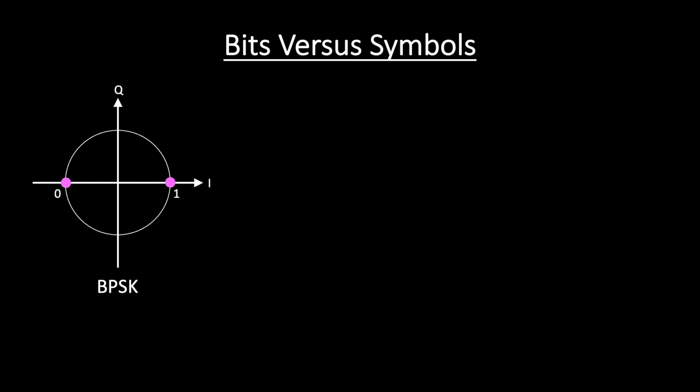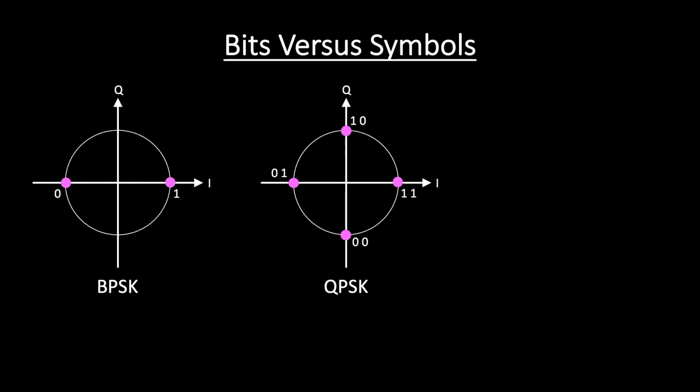So there's a circle, phase starts at 0, goes around 180 degrees, comes back to 360 degrees, right? Phase shift keying. And if I do a 1, I'm in that pink dot that's at 0 degrees. And if I have a 0, I'm at that pink dot that's at 180 degrees. But if you think about it, I don't really have to stop there, right? I could have those dots. This is called QPSK, quadrature phase shift keying.